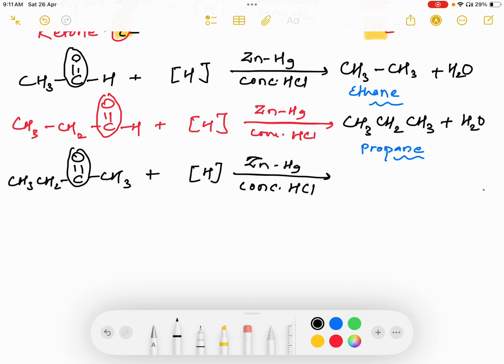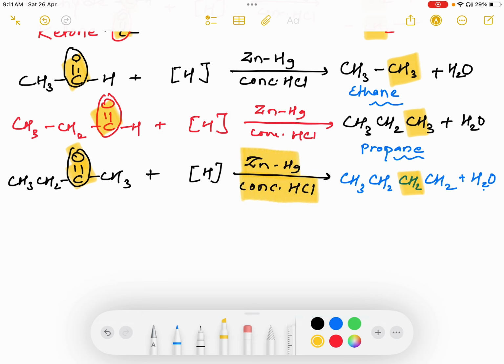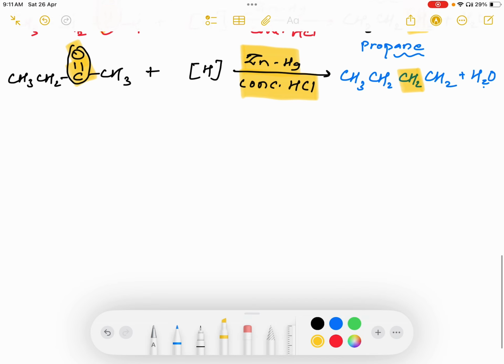This CO group will be replaced by CH2, and this will be CH3 CH2 CH2 CH3 along with the liberation of H2O. So simply, it is the process of conversion of this carbonyl group into CH2 wherever it is, carbonyl into alkane. This process, in the presence of ZnHg and conc HCl, is known as Clemmensen reduction reaction.